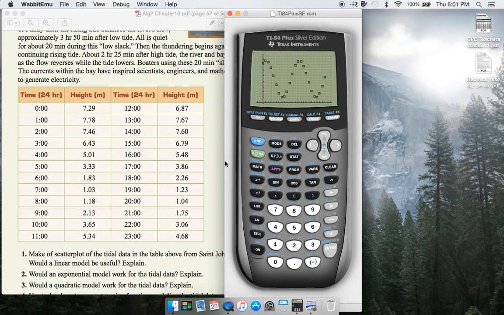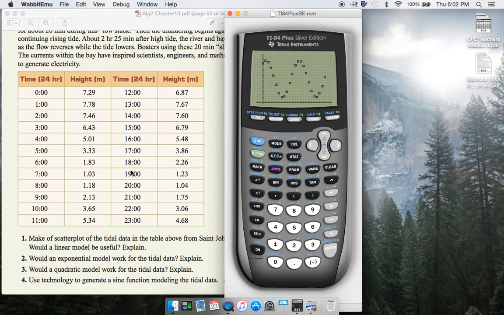Would a quadratic model work? Well, man, it looks kind of like a parabola, but it's like a parabola here, and then there's a down parabola, and this makes kind of an up parabola. Whenever we looked at quadratics, if you graph a quadratic equation, boom, you have either a happy parabola or a sad parabola, and that's it. It goes up forever at the two ends, or it goes down forever at the two ends. And this doesn't do that. It's waving.